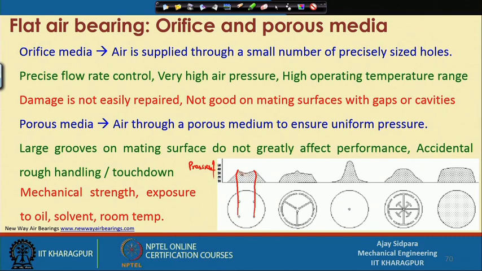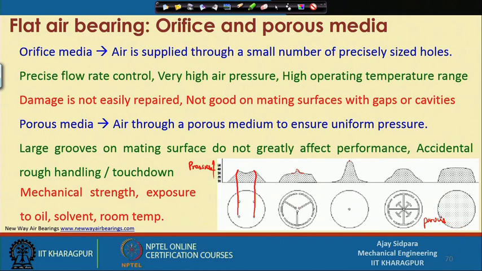So, you are getting a variation in this particular part. Now, this is another one, where you have a continuous slot here, and these are the orifices 1, 2, 3, and you can get a peak here. Here the maximum pressure will be at this location, and then the remaining part is continuously decreasing, and this is another way of the orifice where you are getting a different profile, and this one is the porous part.